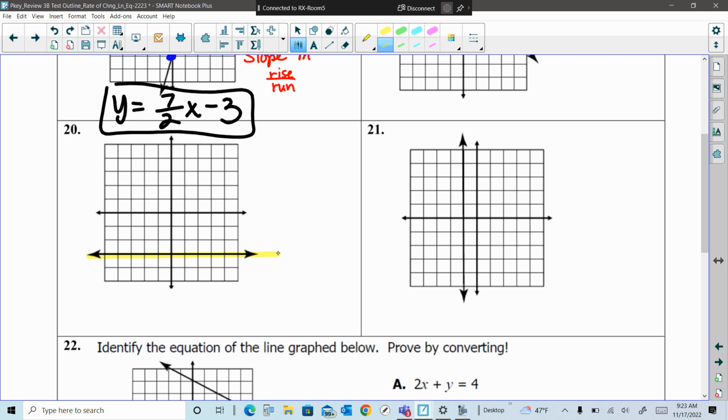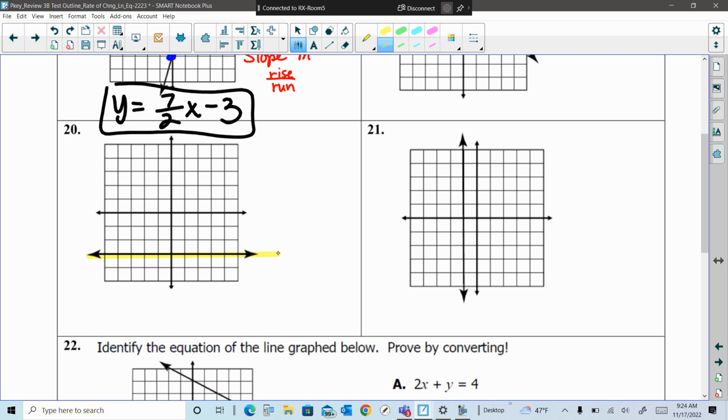Would number 19 be y equals negative x plus 3? Yep, very good. For 20, the B is negative 3.